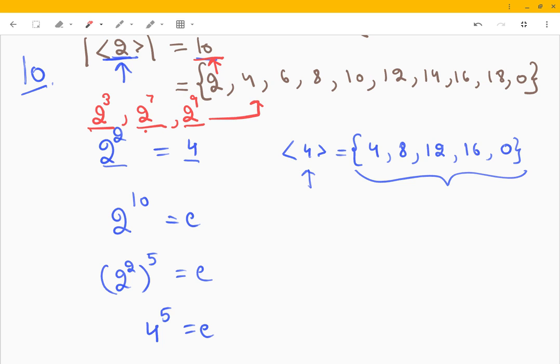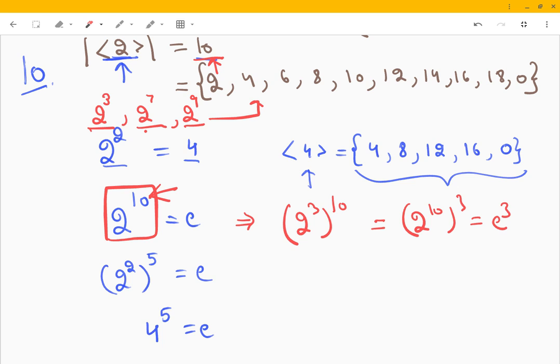You can try this. Why? Because of the same reason which I explained earlier. 2 raised to power 10, I cannot separate 3, 7, or 9 from this. So when I put 3 here, I'll have to take the 10 as it is, using this thing.